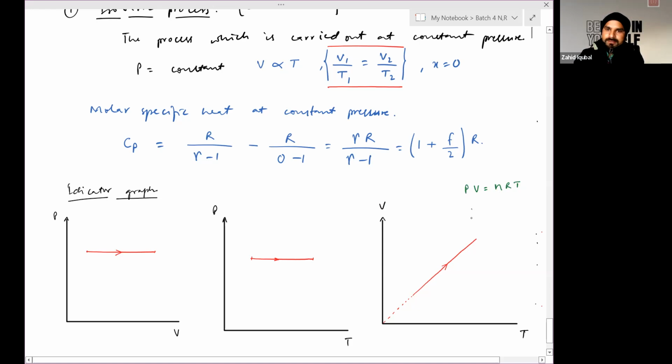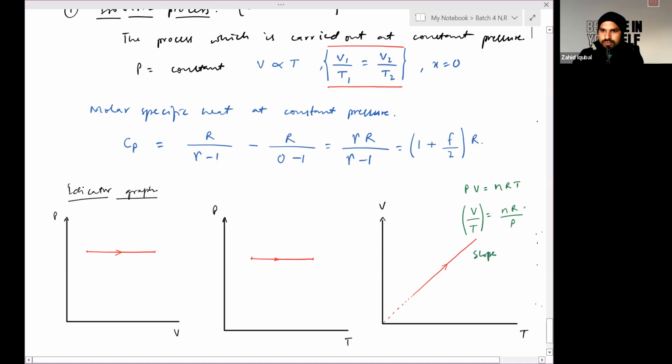So you may write volume divided by temperature equals nR divided by P. This quantity is perpendicular by base, so it tells you about this particular curve, nothing but the slope.